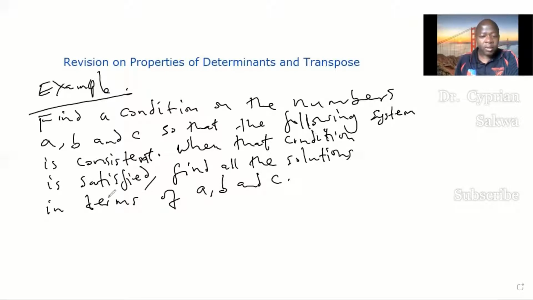When that condition is satisfied, find all the solutions in terms of A, B, C.